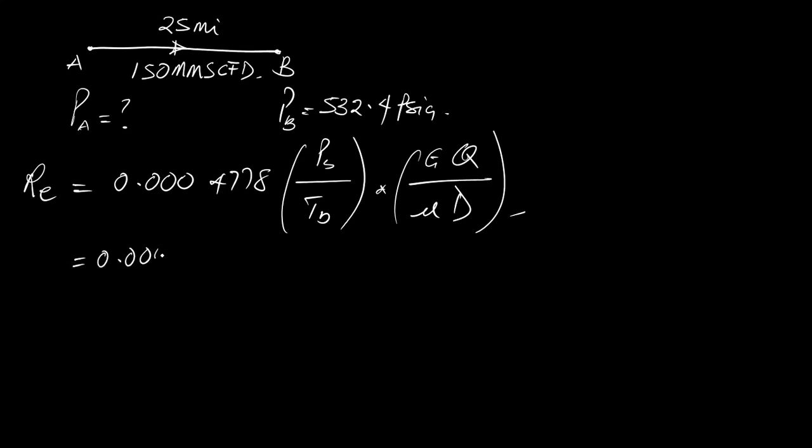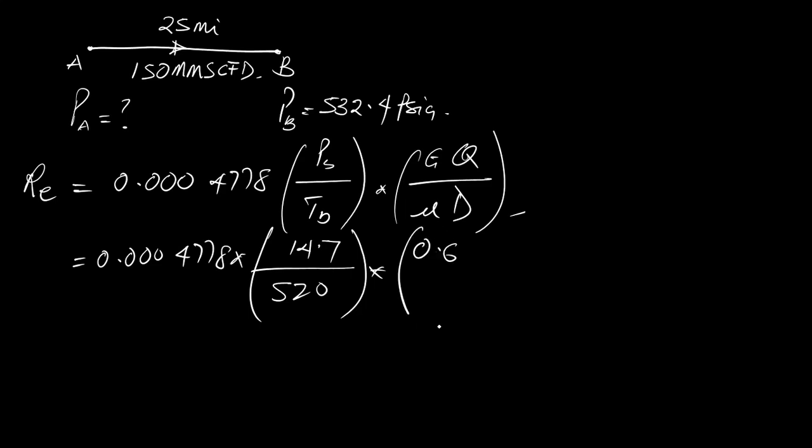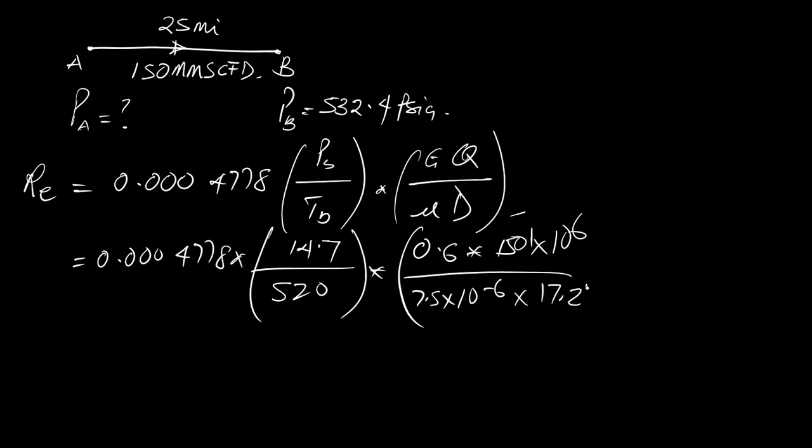We have 0.00047778 times 14.7 divided by 520 times gas gravity 0.6 times the flow rate is 150 times 10 raised to power 6 divided by 7.5 times 10 raised to power minus 6 as the viscosity, divided by 17.25.